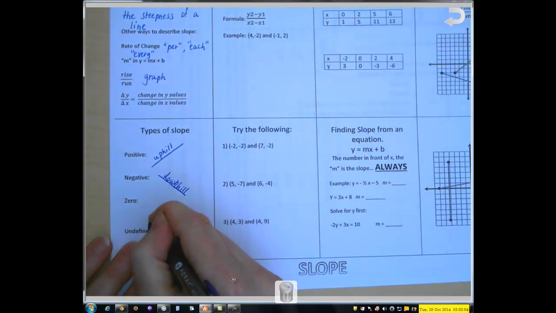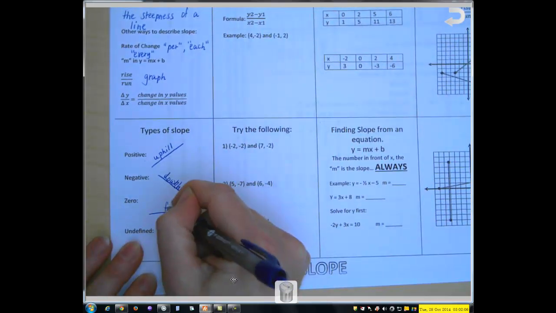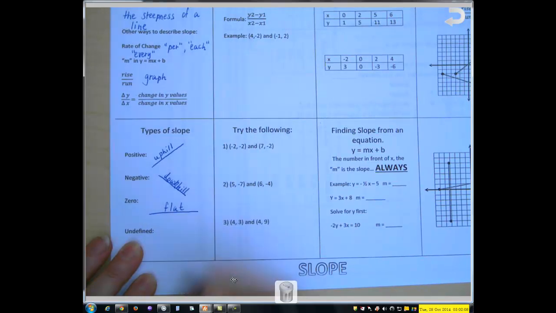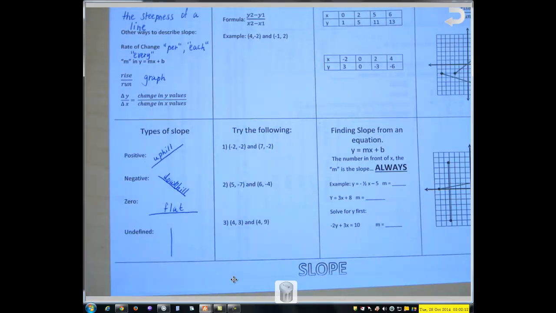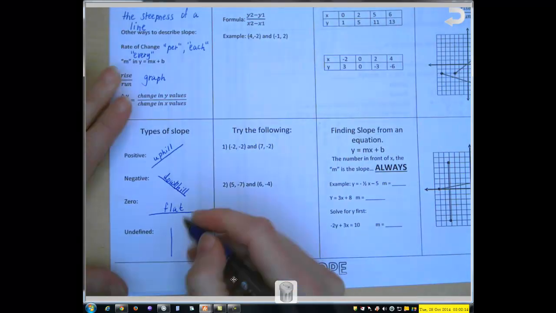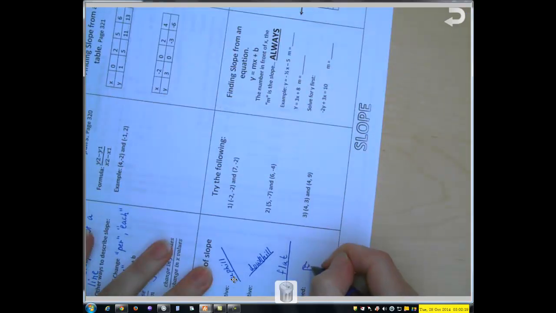We have zero slope, which is flat. And then we have undefined slope, which is like a drop-off. Kind of like falling off the edge of the cliff.